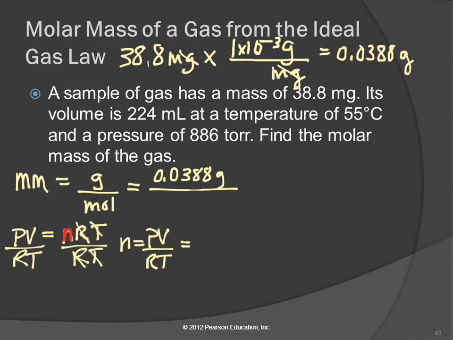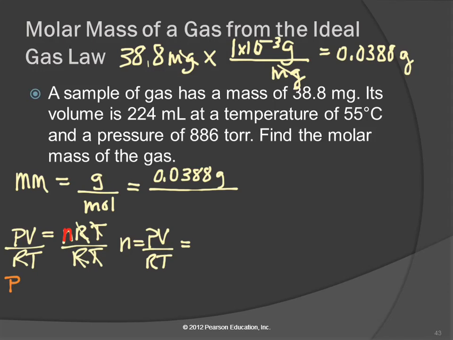What's the pressure? 886 torr. Is that a good unit? No, because R is in liter atmospheres. So we need the pressure in atmospheres. So let's just do some little side work down here.